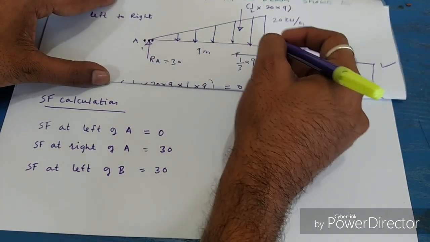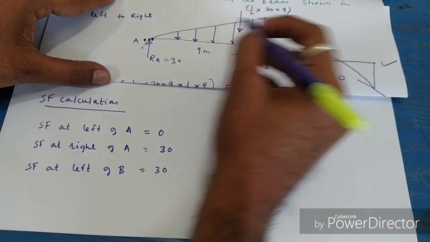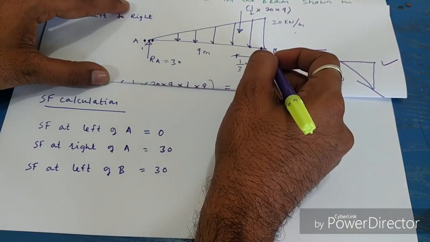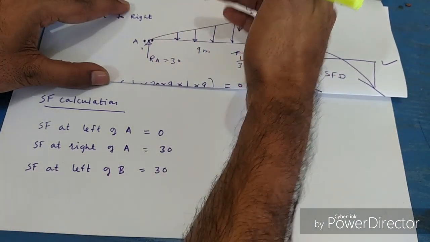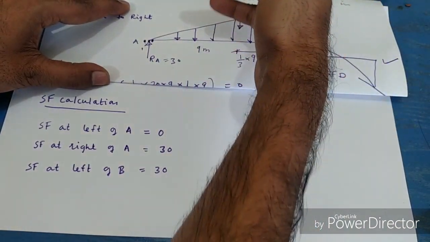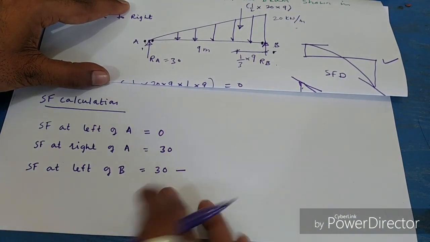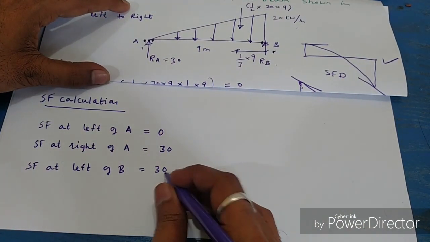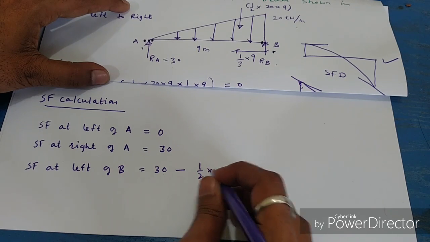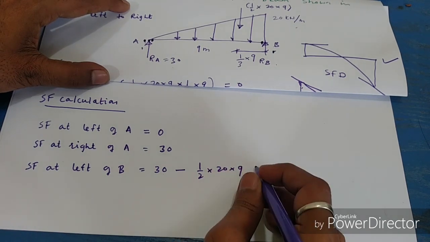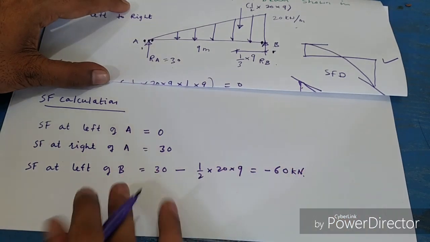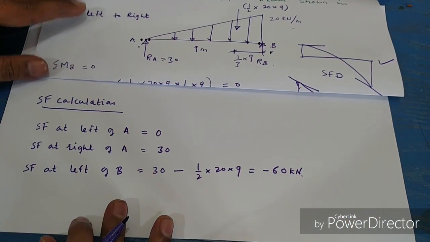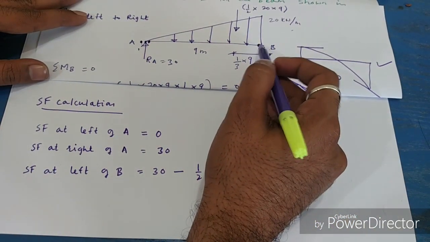When you are traveling from right of A to the left of B, the entire UVL is going downward, the total load of the UVL is going downward. So the shear force will be 30 minus half into 20 into 9. So this is equal to minus 60 kilonewton at left of B.